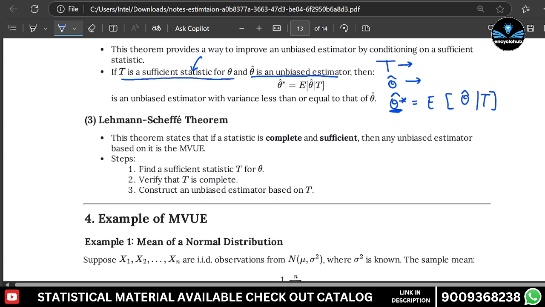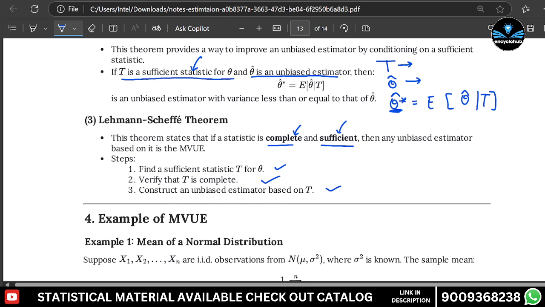This theorem states that if the statistic is complete and sufficient, then any unbiased estimator based on it is the MVUE. The steps are to find a sufficient statistic, verify that it is complete, and construct an unbiased estimator based on T. These methods are not simple for finding parameters; in some cases we can find them, but sometimes it is very difficult, so we use the other methods more.